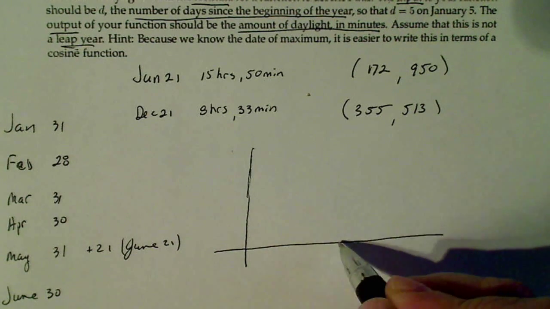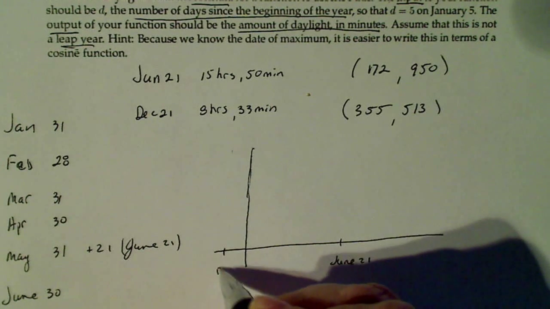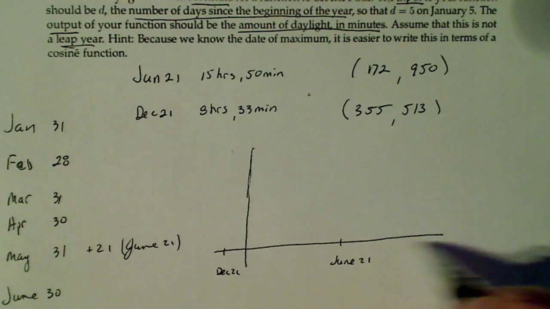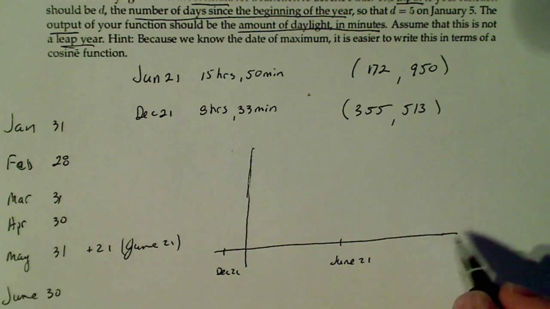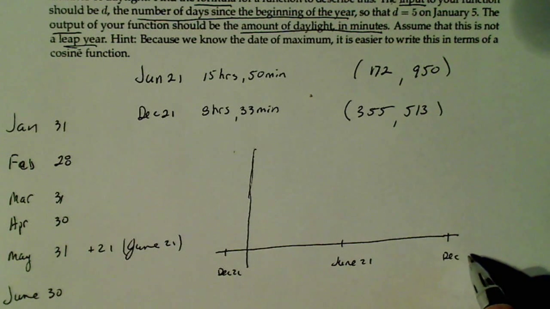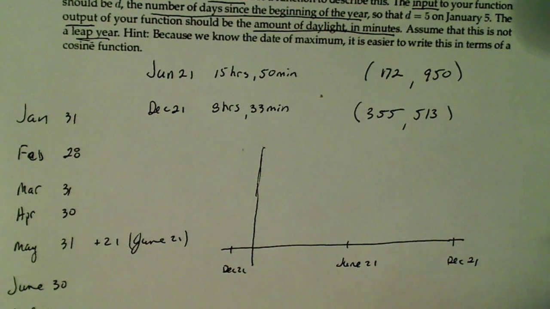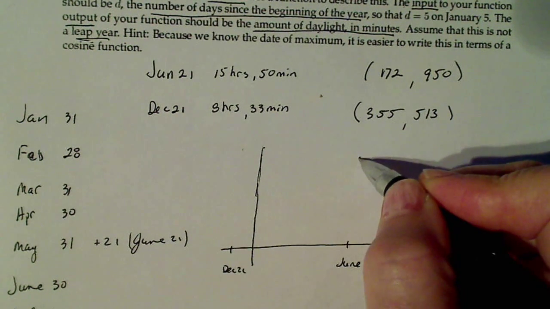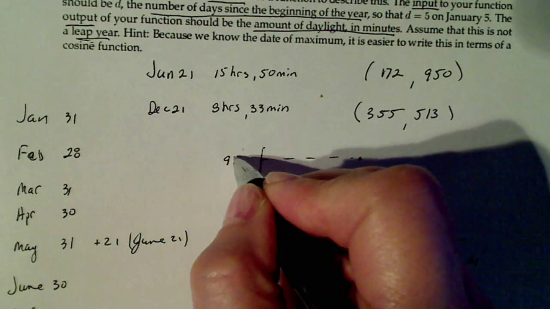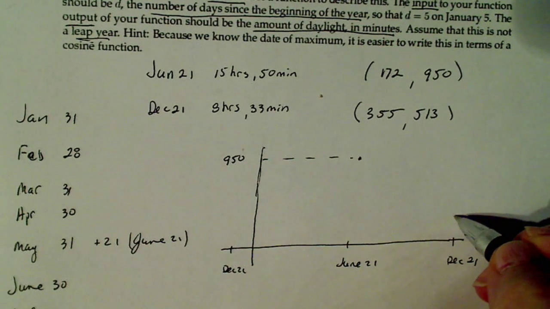June 21st is here, December 21st is here, and then the same distance away from June 21st is December 21st again. That's why it's called sinusoidal. Not a little crooked, but you'll live. So on June 21st, I should be at 950 minutes, and at December 21st, I should be at 513 minutes.